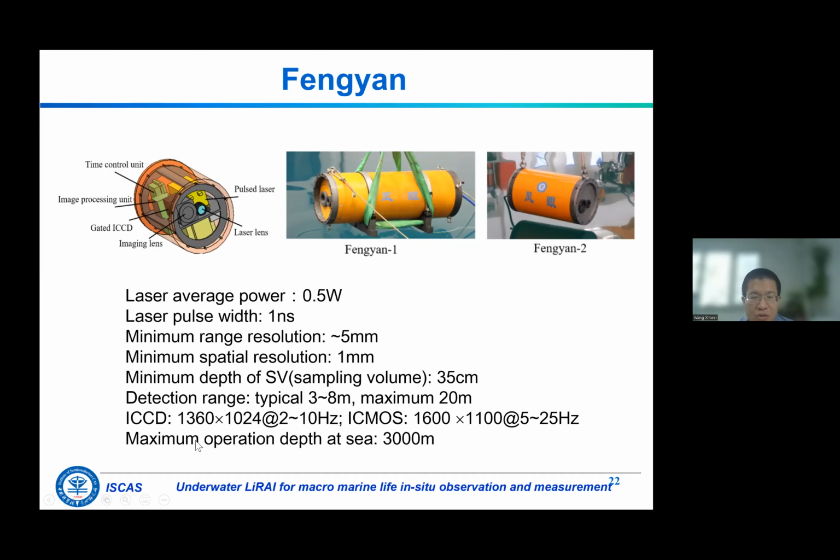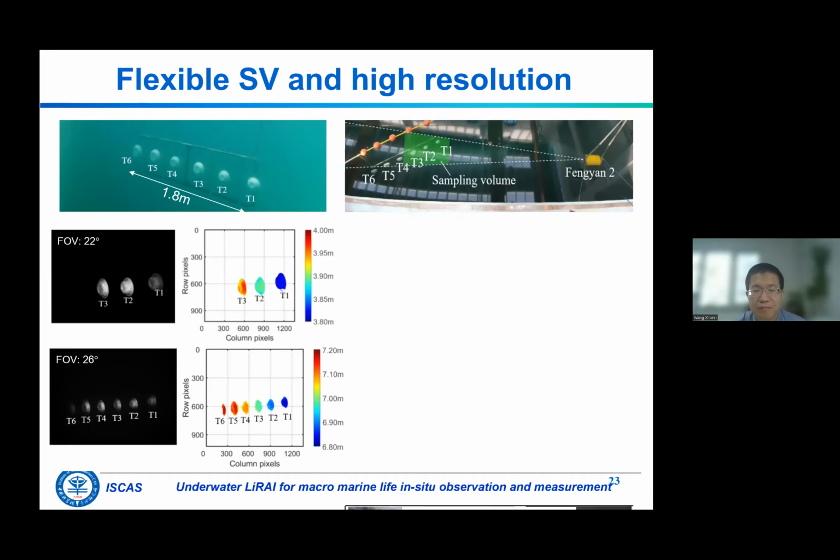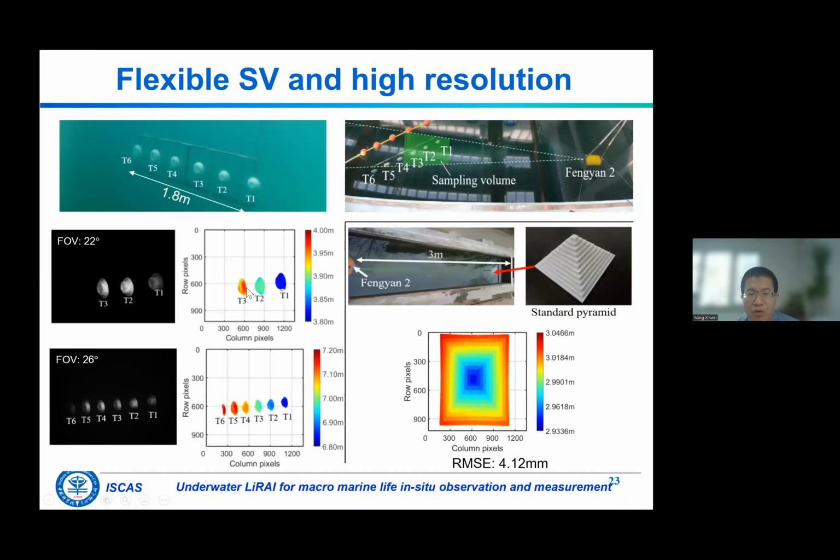We can also choose ICCD or ICMOS for the image sensor. The maximum operation depth of Fengyan is about 3,000 meters. So we can see that for Fengyan, based on LiRAI, the sampling volume can be flexibly adjusted.